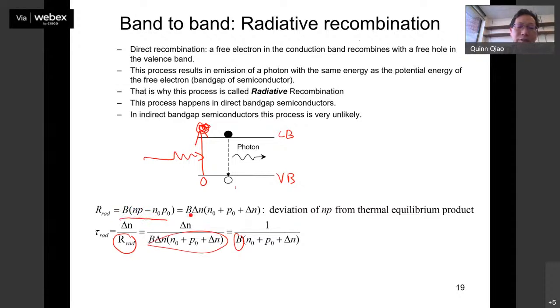That's just the derivative of np from the thermal equilibrium. Your thermal equilibrium is where the system wants to be. Any extra of that will be recombined. But how fast they recombine depends on the difference between np minus n0 p0, because radiative recombination involves an electron and a hole, right? That's why you have both n and p involved.